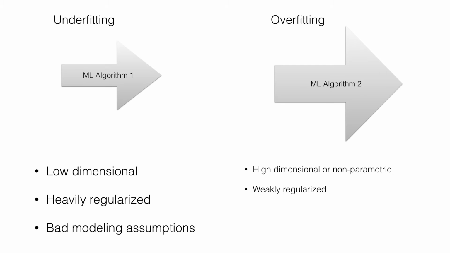And conversely to the underfitting example, it might be that you're weakly regularizing this model. Where you had that parameter that you, as a machine learning expert, could turn to make the model more complex or less complex, you set it to be super complex and it made it memorize the data. And another possible cause for overfitting is that you're not making enough modeling assumptions.